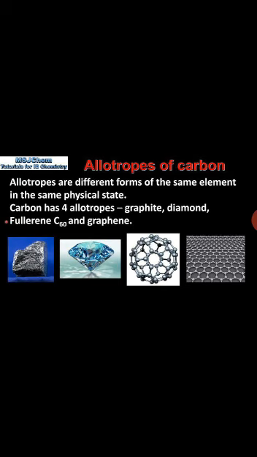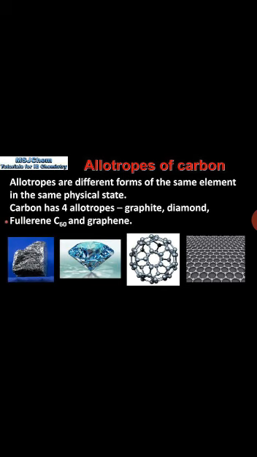In nature, we easily find some elements which exist in more than one arrangement of atoms. Such elements, or we can say different forms of the same element found in nature in different arrangements of atoms, are called allotropes.